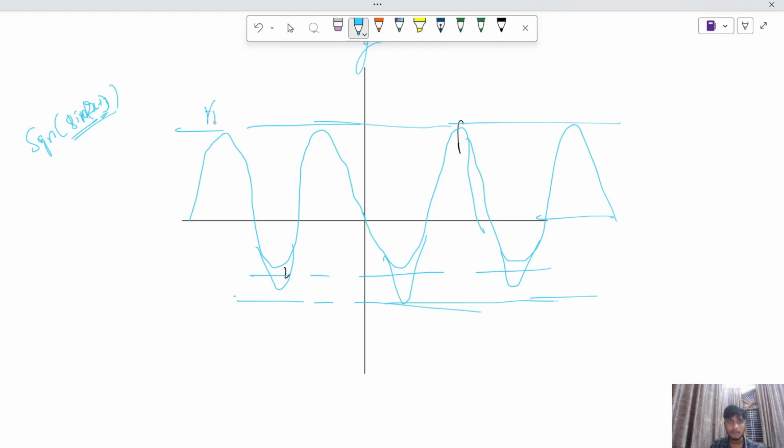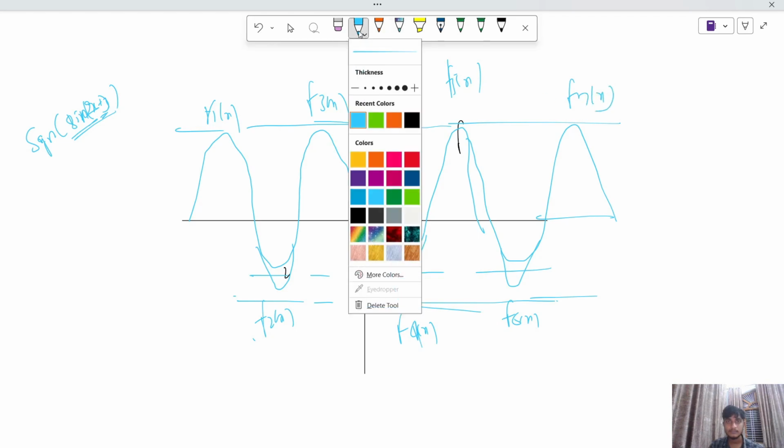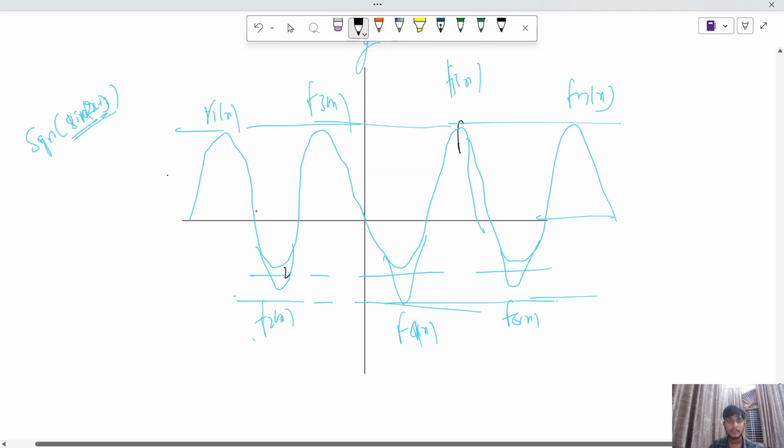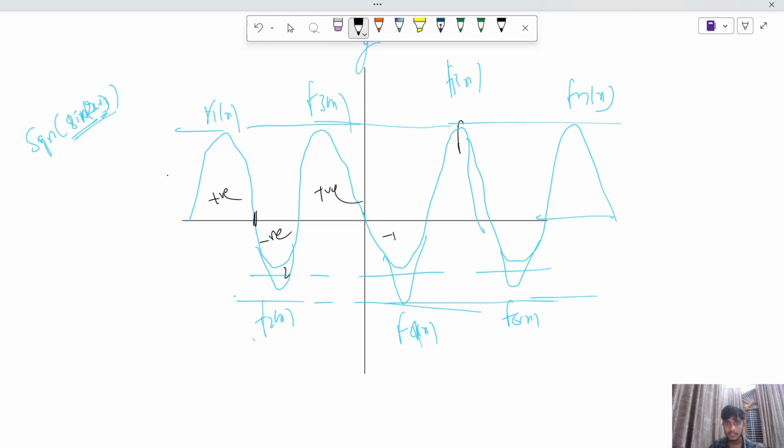Let's call the portions f1 of x, f2 of x, f3 of x, f4 of x, f5 of x, f6 of x and f7 of x. These are positive, negative, positive, negative, positive, negative, positive.